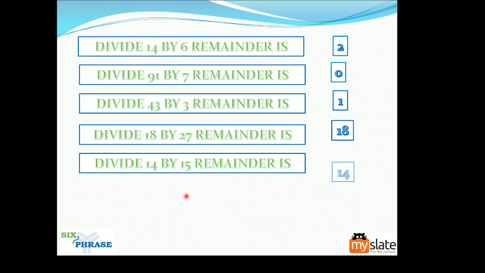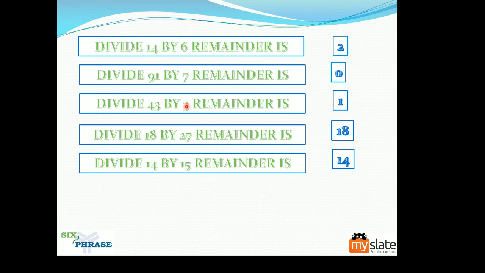It is 14. Now here what you'll have to watch carefully is, here you have the dividend to be 18 and the remainder also as 18. Here you have the dividend to be 14 and the remainder also to be 14. But that is not the case in the first three questions.